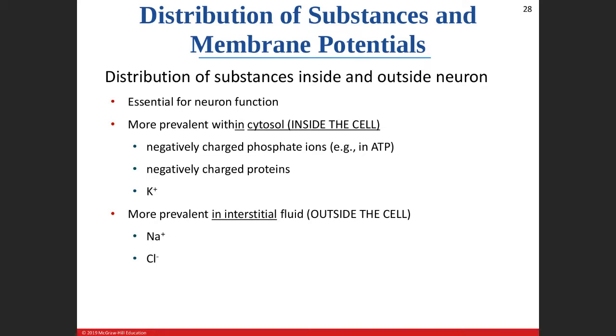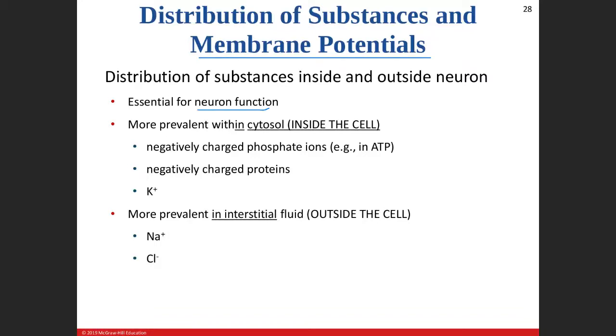That involves sodium, potassium, chloride, calcium. But in this case, we're only going to function on sodium, potassium, and chloride for right now. So when we understand where we find these substances, that is essential for how a neuron is going to function properly.